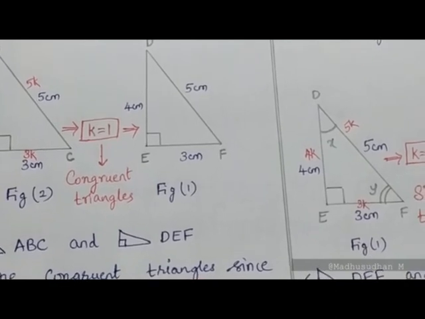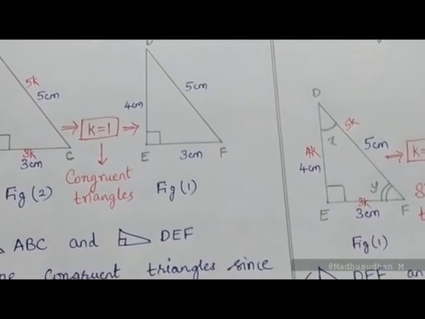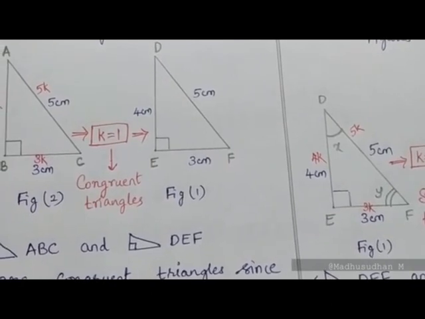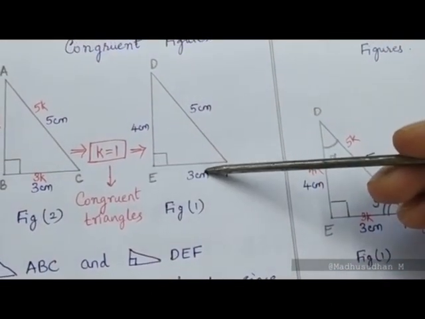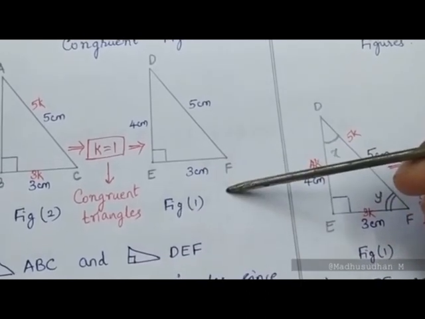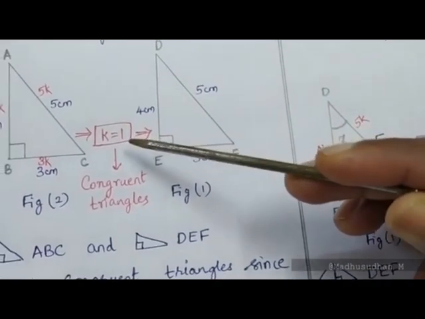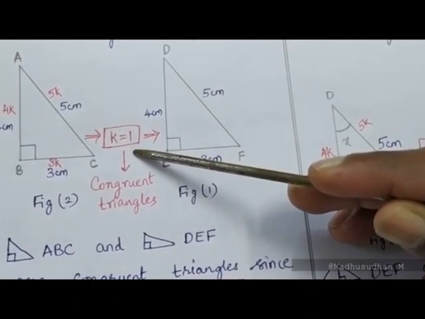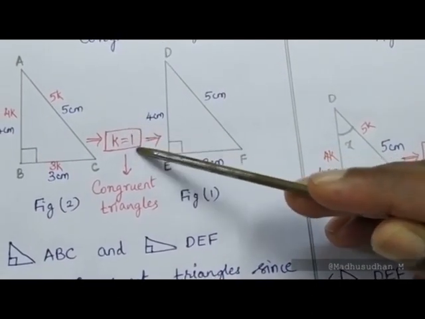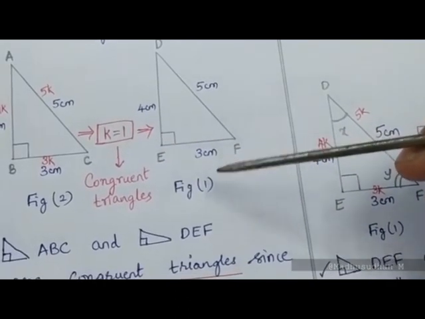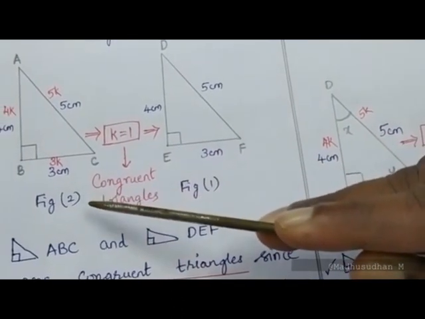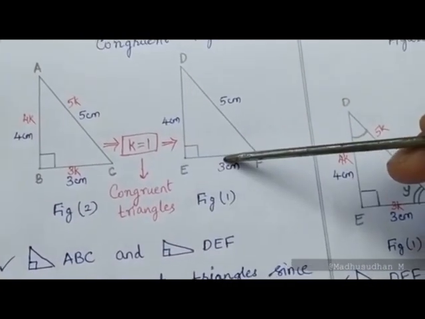So if we recall what we had learnt in the earlier classes, observing these two right angled triangles ABC and DEF, when k is exactly equal to 1, these two right angled triangles shown, figures 1 and 2, are exactly identical to each other.